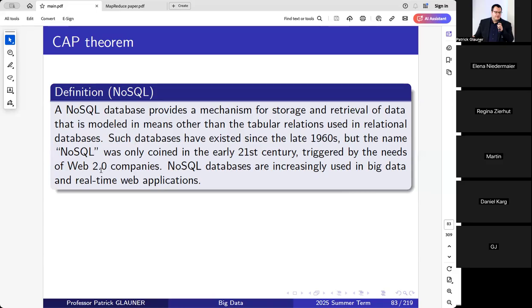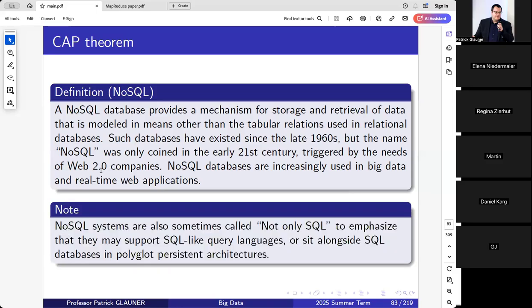And this term NoSQL is just a huge umbrella term for a lot of different things. That's why, to me, it does not mean not SQL, but rather not only SQL, to describe a huge set of different databases with lots of different architectures. Some may even use SQL or some query language, but they come with different guarantees.